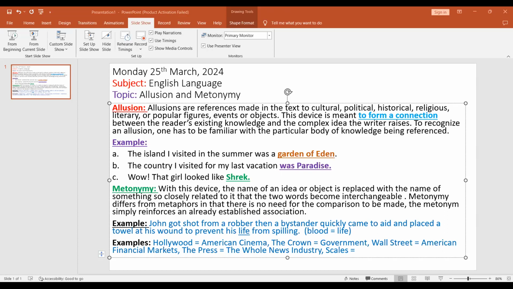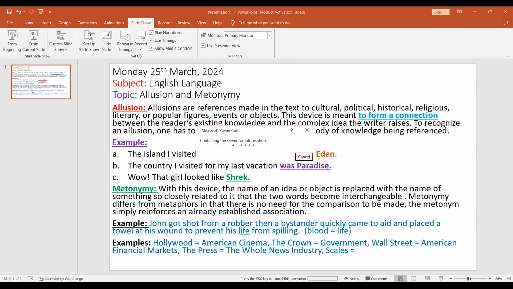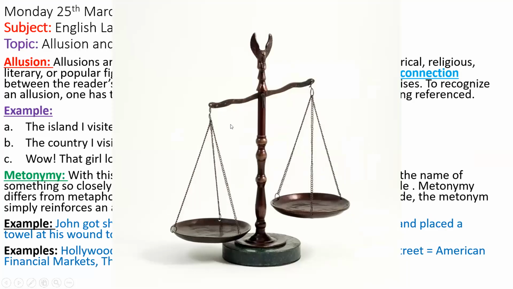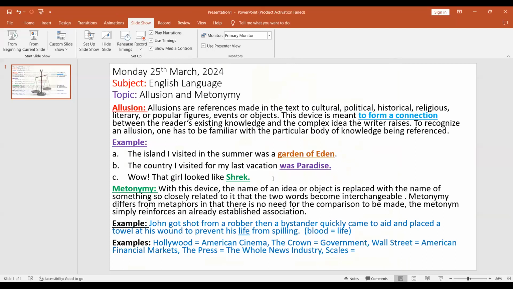So let's go here. This is an example of a scale. So when you think about this scale, what comes to your mind? Judgment. The judicial branch, right? Justice. Judgment.